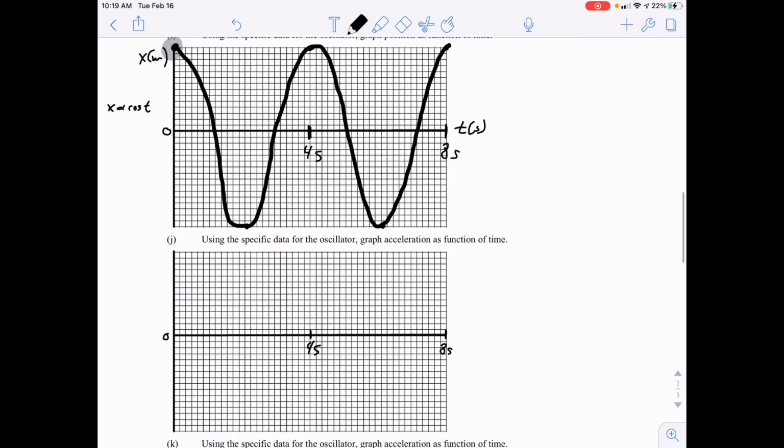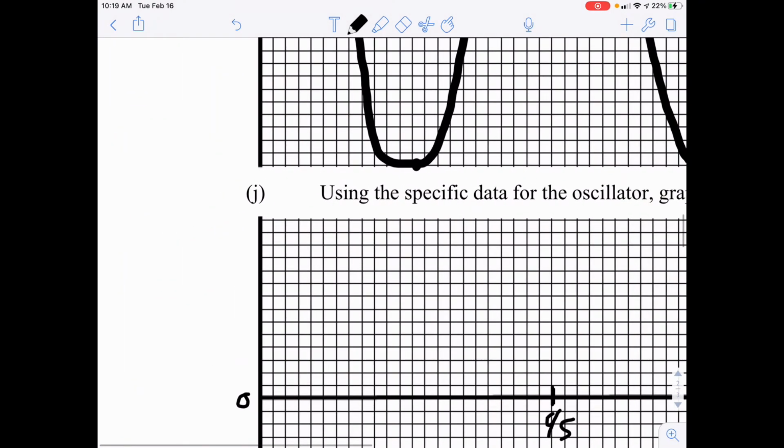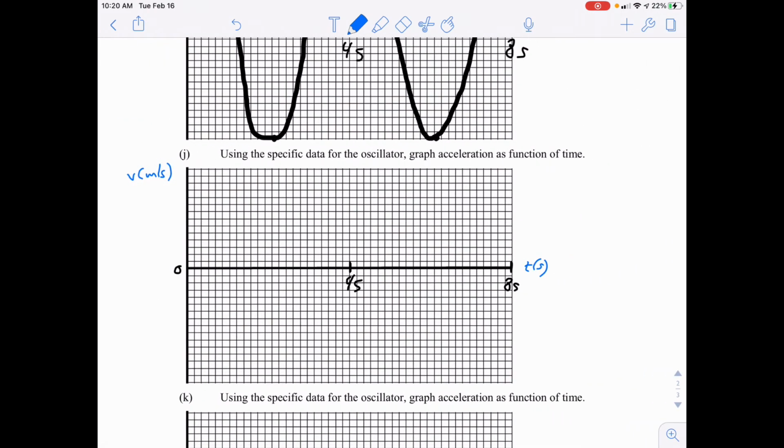Now, the velocity graph. I'll do this one in blue. The velocity graph was in meters per second. Time still in seconds, same period, same repetition. We're going to repeat 2 cycles, and it has to repeat every 4 seconds.